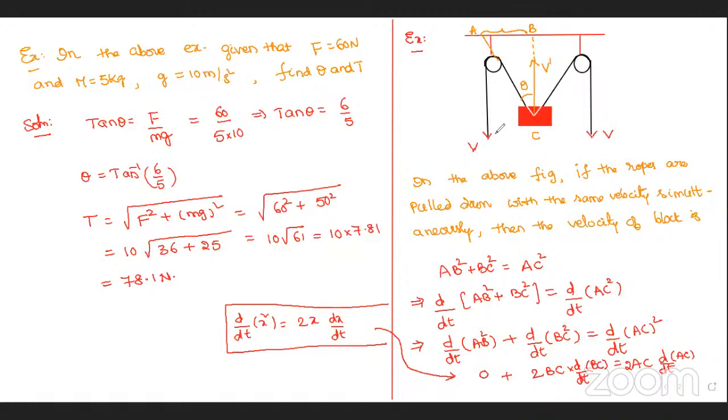Then d by dt of BC, who is moving in this BC direction, the block or the two ropes? The block. So d by dt of distance is velocity. The velocity of the block is V dash. So this is 2 into BC into V dash.